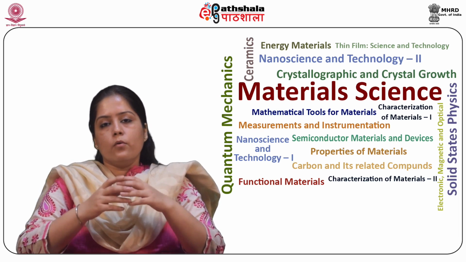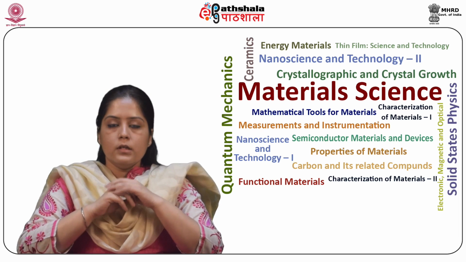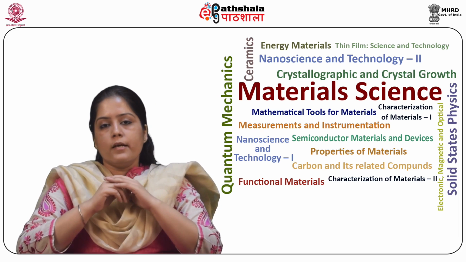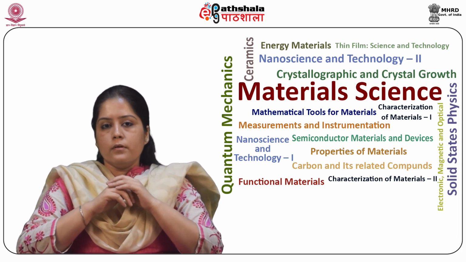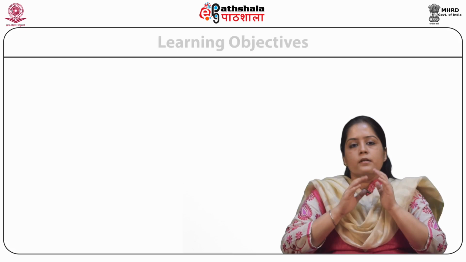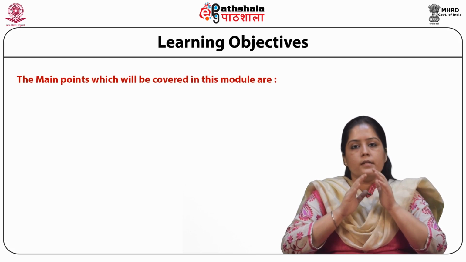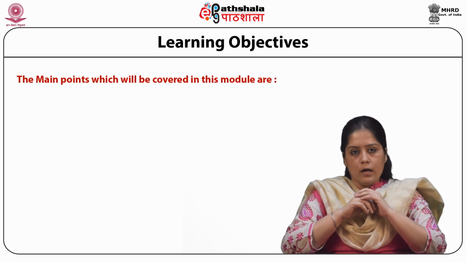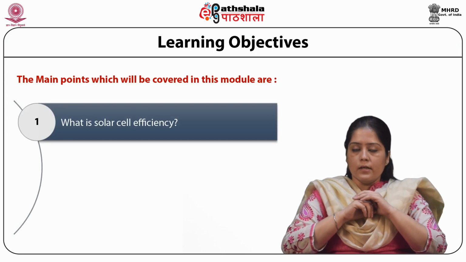Today we are going to discuss the module Solar Cell Efficiency and its losses from the paper Energy-related materials. The main points which will be covered in this module are: first, what is solar cell efficiency?